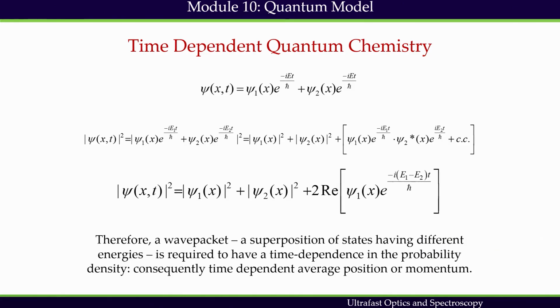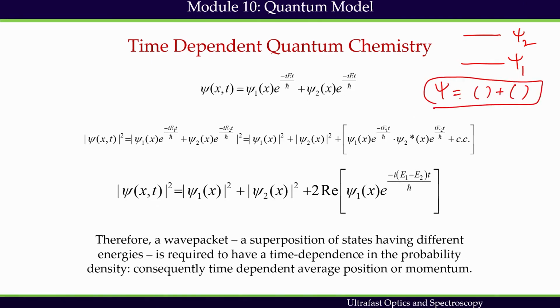However, if we look at a linear combination of solutions, for example, instead of a single state, we consider two states, psi 1 and psi 2, and the total wave function is represented as a linear combination of both states together, then we'll try to find out what will happen to the probability density.